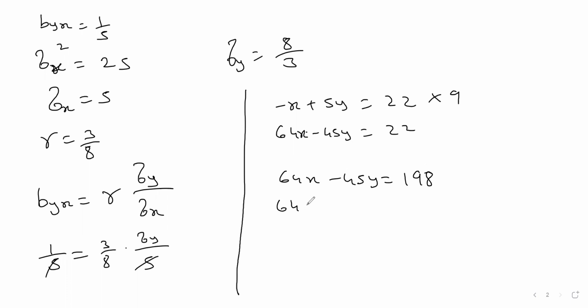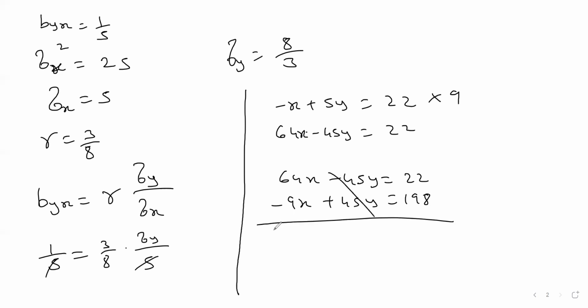And 64, this will be 22 only. Here it is minus 9x plus 45y is equal to 198.